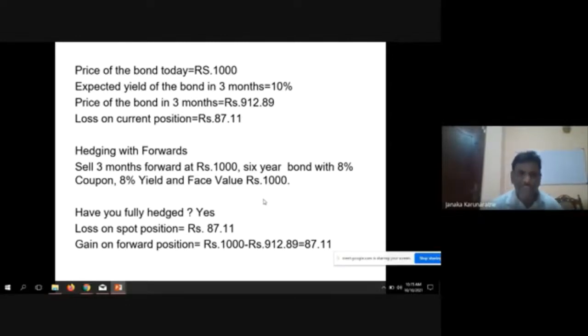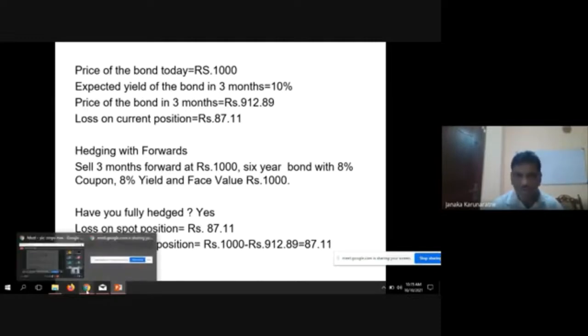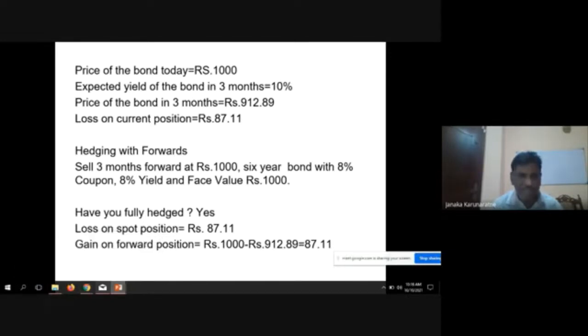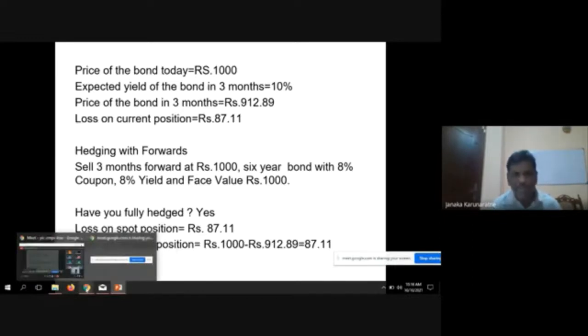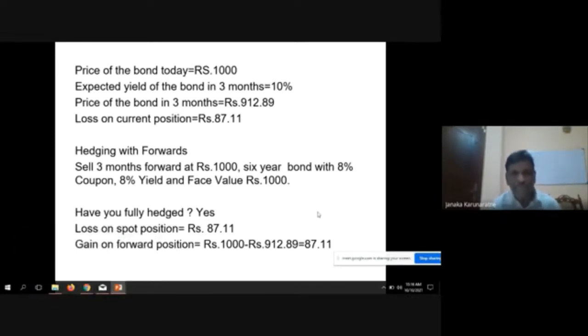Can you all see this or is something wrong? Is it disconnected? No, no one talking. I think it's there. Have you fully hedged? Yes.